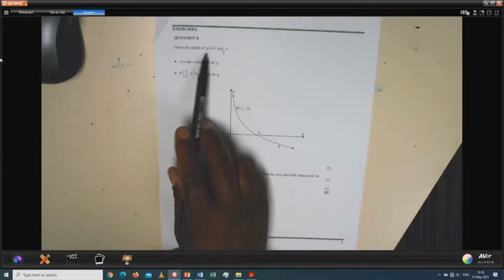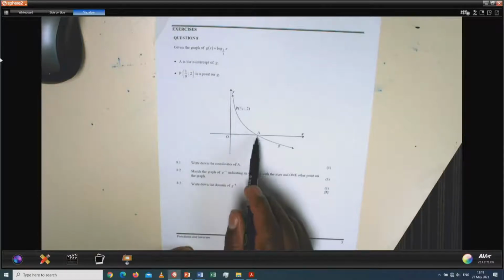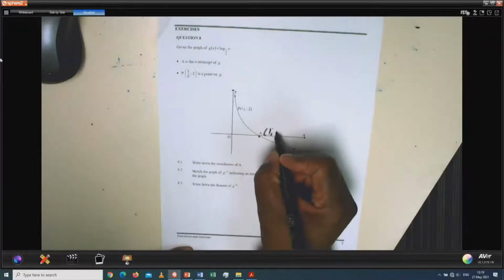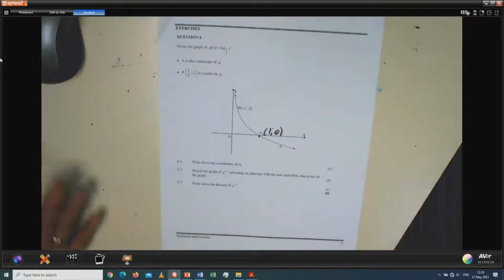Given g at x equals log x base 1 over 3. A, here is A. It's the x-intercept. We know once A is an x-intercept, it means x must be 1, y must be 0. You either know it by heart or even by calculations you can still know it.